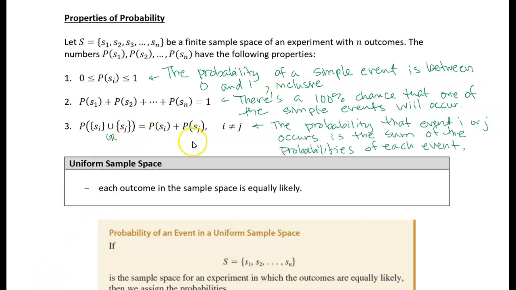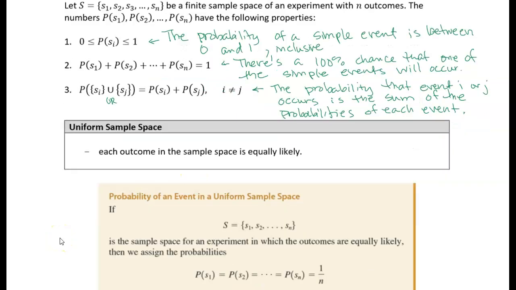Sometimes those probabilities are different and sometimes they're the same. When we have a sample space in which all of the simple events are equally likely, we call that a uniform sample space. Each outcome in the sample space is equally likely.